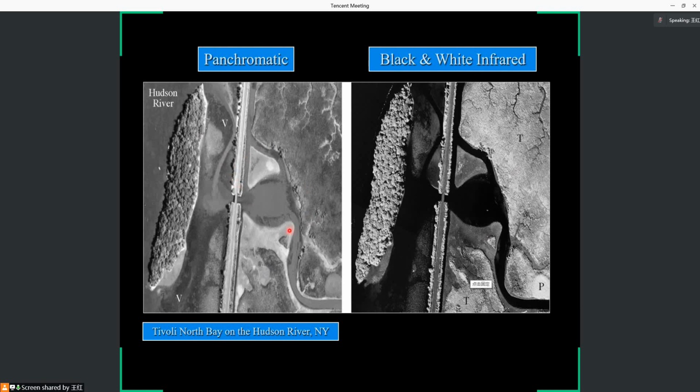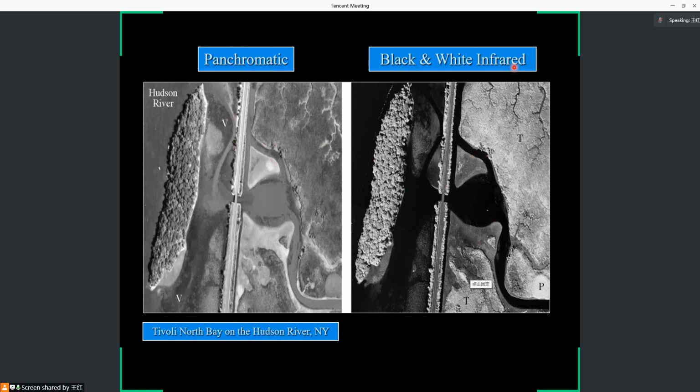For Landsat TM, this is the near infrared band, and its spatial resolution is 30 meter by 30 meter. But for the panchromatic band, its spatial resolution is 15 meter.